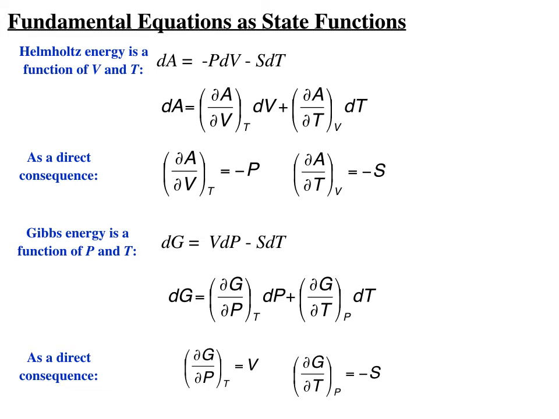it's a state function, I can write it as the slope of the change in the GP plane. If I stay out of the T plane, that's what the first partial derivative is saying, times the increment of change in that P plane, and then I will add to that.